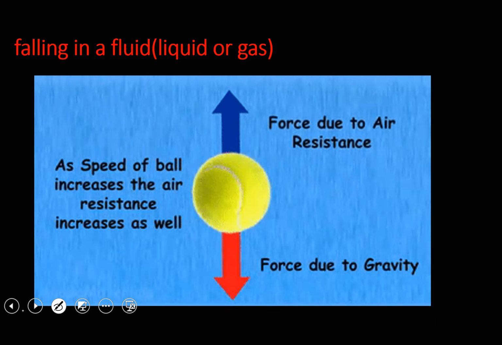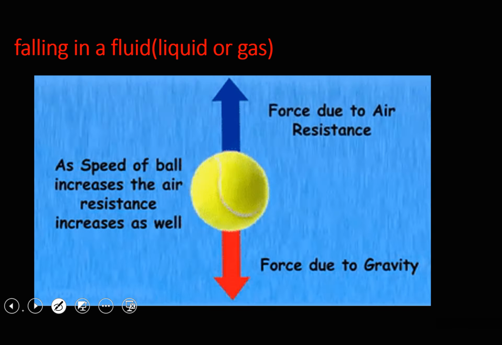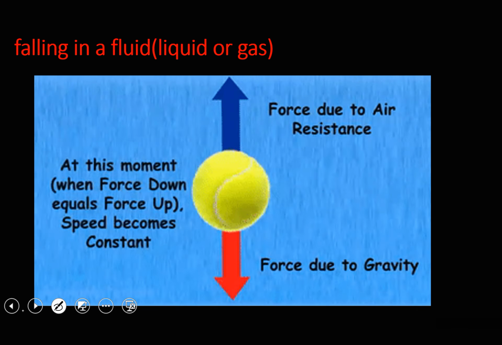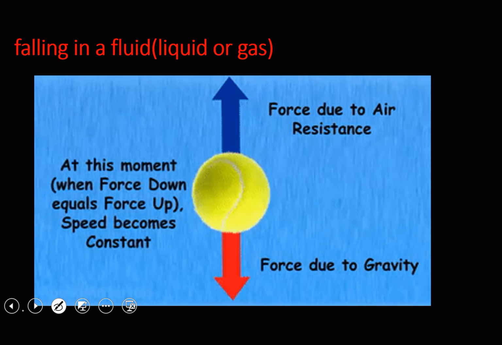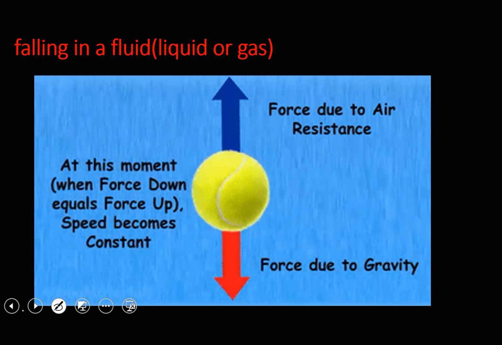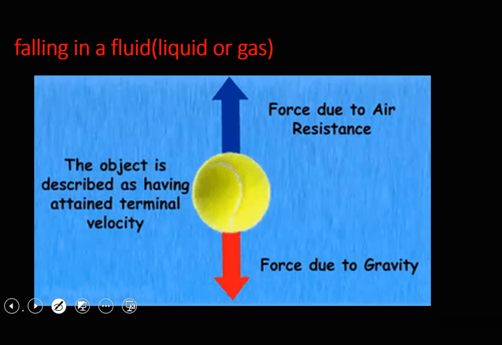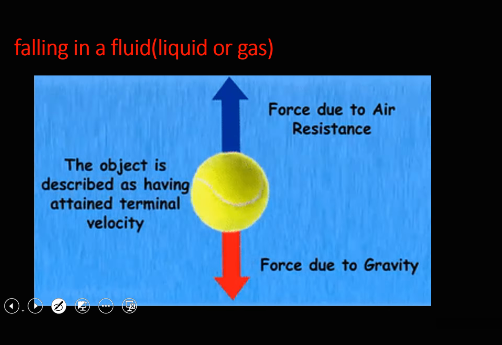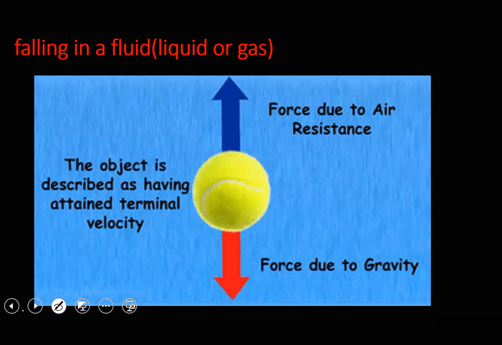Then it reaches a point where you see that the speed is not increasing any further. So as the speed of the ball increases, the force due to air resistance also increases, until a point when the force due to gravity balances with the force due to air resistance, and at this moment, the force upwards is the same as the force downwards, and the speed becomes constant, and the object is described as having what we call terminal velocity.